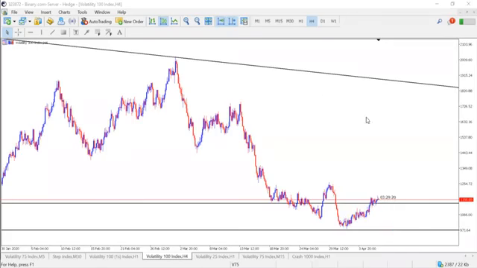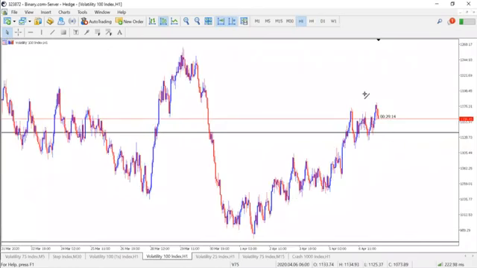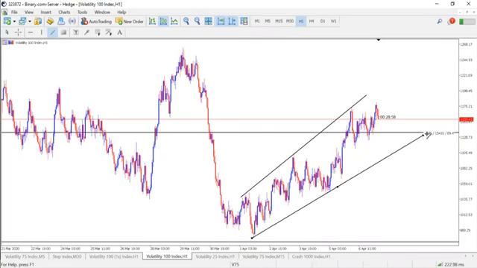On the 1 hour time frame, as you can see, this is a huge correction. First touch, second touch. This is a huge correction here. Possibly right now, we'll be looking at this level that has been tested.